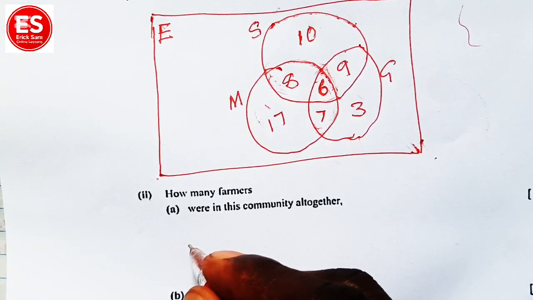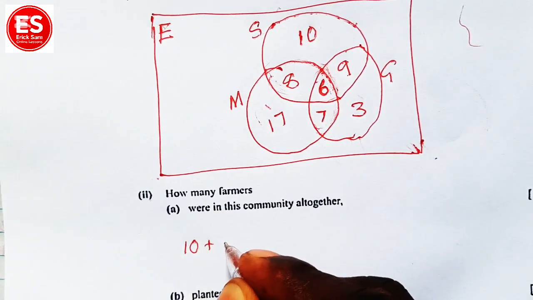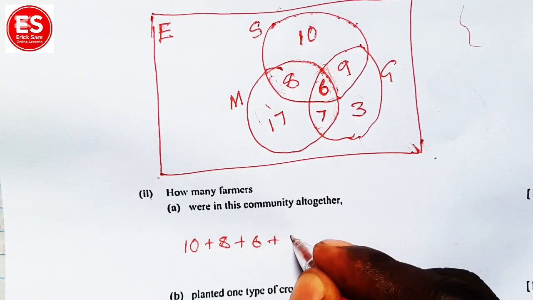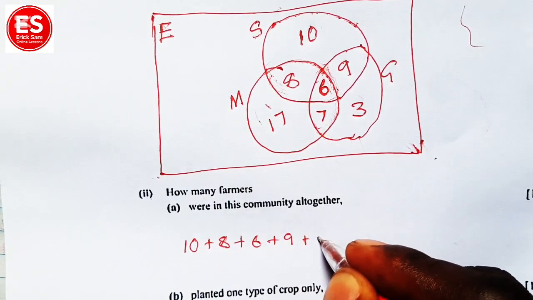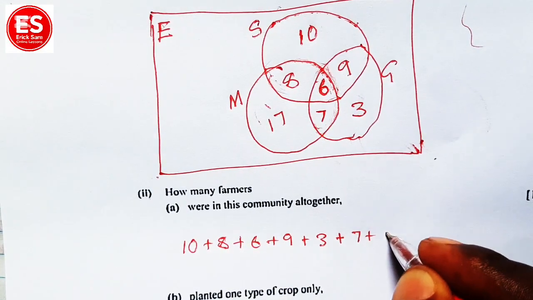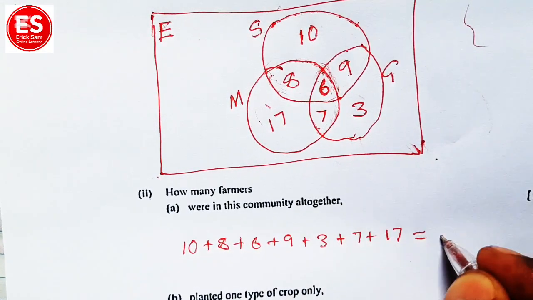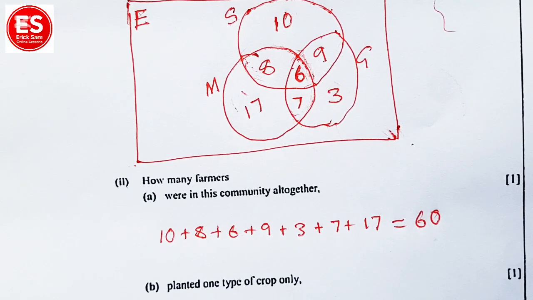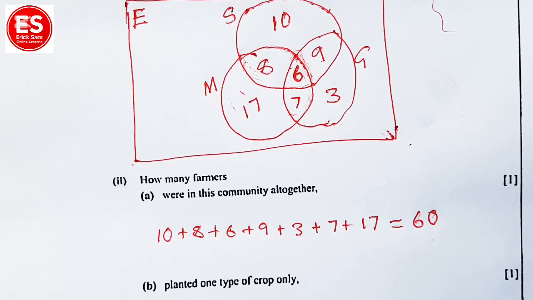You need to indicate it here: 10 plus 8 plus 6 plus 9 plus 3 plus 7 plus 17. You are going to find 60. So it means the farmers were 60 altogether.